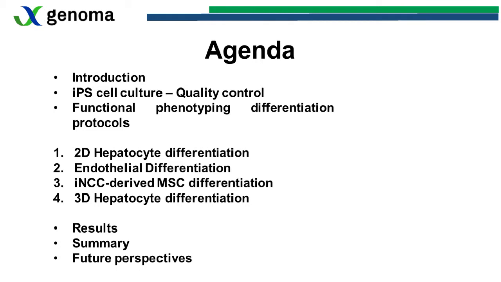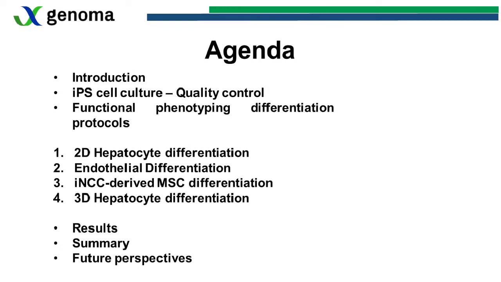So the agenda of this presentation is divided basically into 3 sections. First, I'm going to introduce how and why I chose to work with liver tissue engineering, a little bit of iPS cell culture and iPS cell quality control as well, and go to the functional phenotype differentiation protocols. This is very important because I think the keynote that I want to show you is how to properly phenotype your differentiated stem cells.